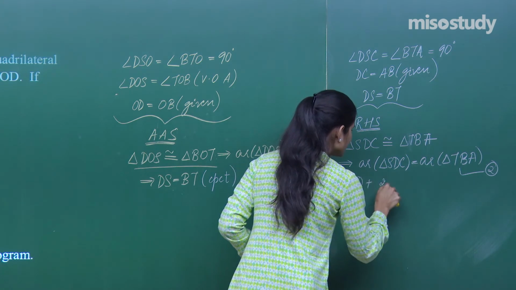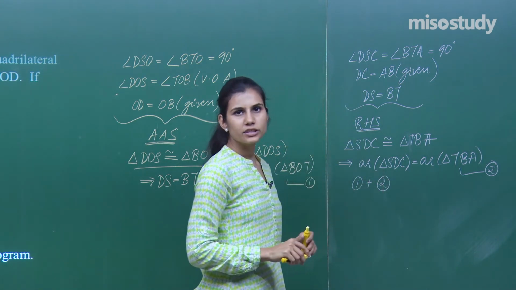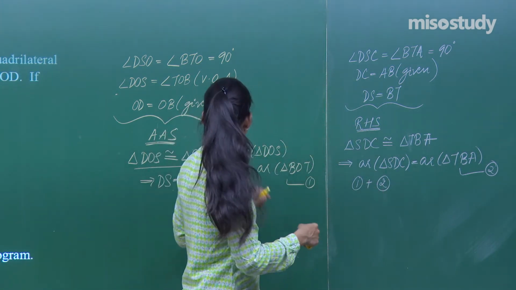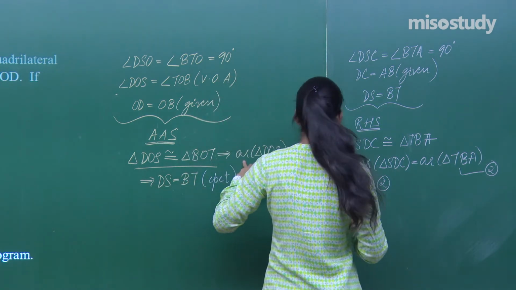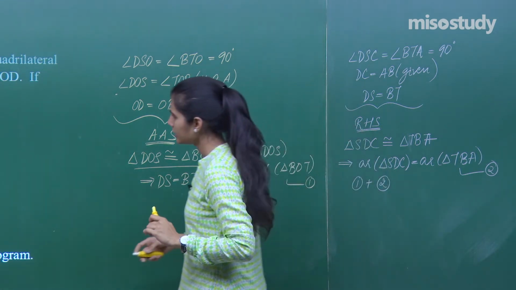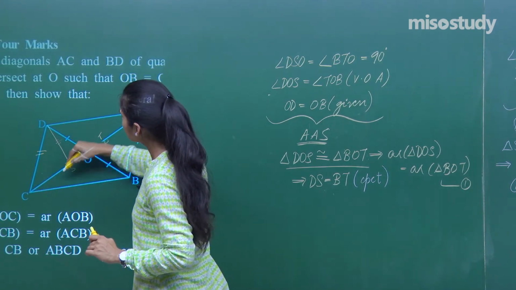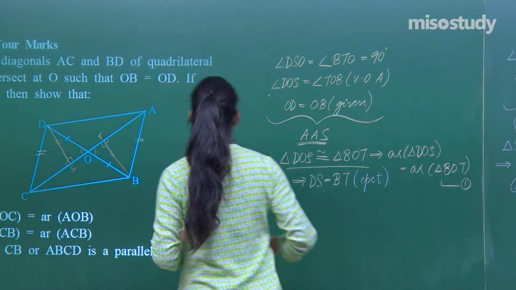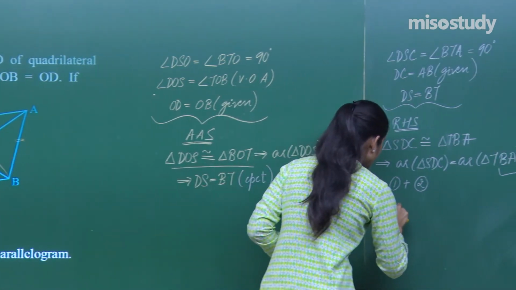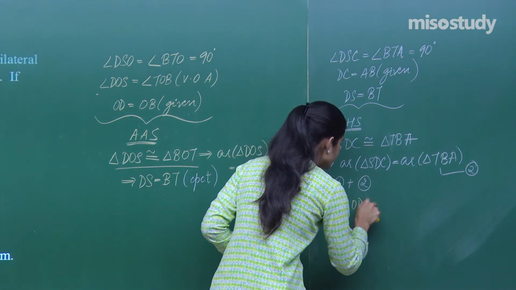If you do 1 plus 2, LHS gets added and is equated to the sum of the right hand side. Area of DOS and area of SDC gives you area of the triangle ODC.